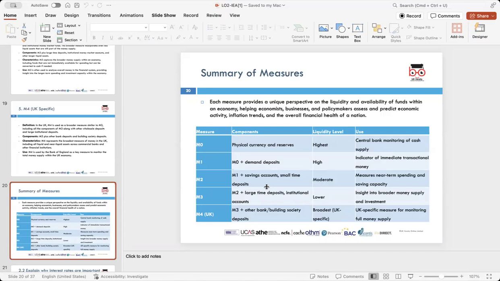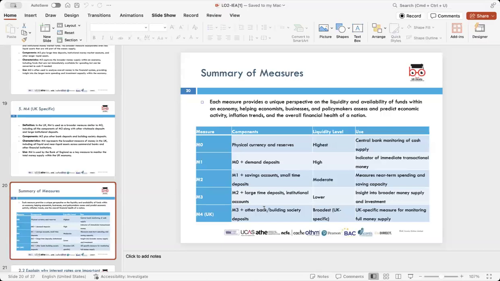M2: M1 plus savings accounts and small time deposits. Liquidity level is moderate. It measures near term spending and saving capacity. When we talk about M3, components are M2 plus large time deposits and institutional accounts. So liquidity level is low.